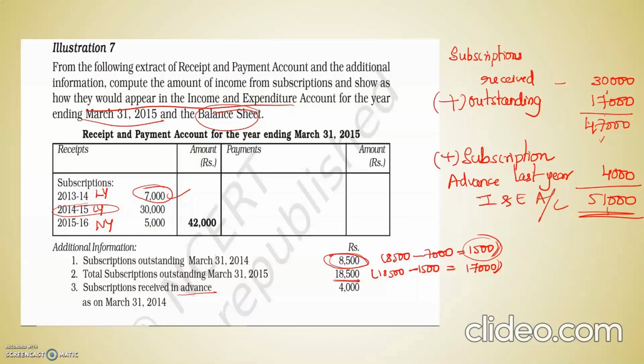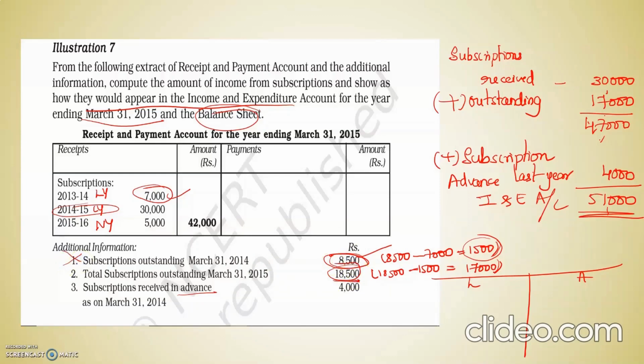Coming to the balance sheet, we have two sides, asset side and liability side. See the first item, 2013-14, there was outstanding 8,500, 7,000 received, so 1,500 still due. It is included in this 18,500. So this will not appear in the balance sheet. It is closed data.